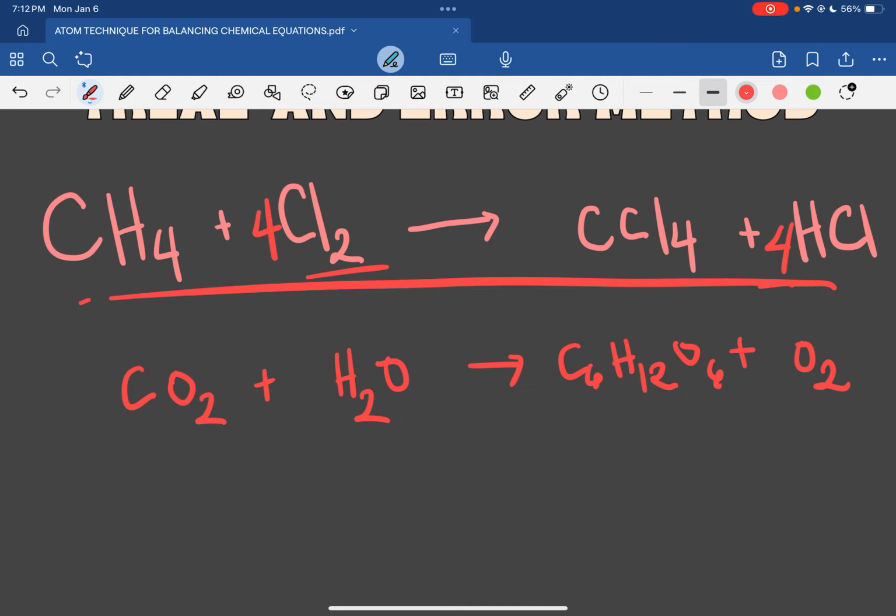And if you do not memorize the coefficients for this reaction, you will take a lot of time trying to balance this equation.